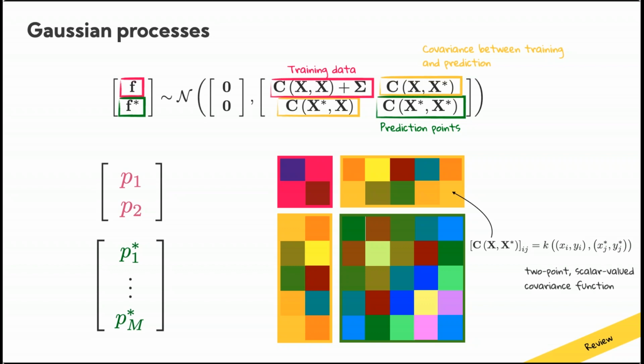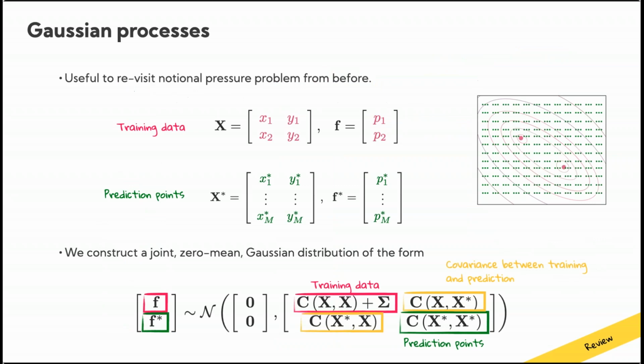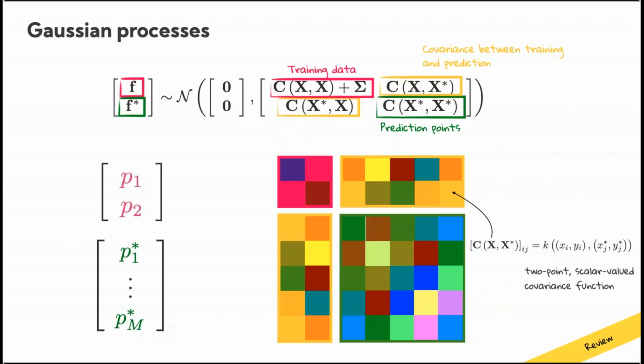Now, let's talk a bit about what exactly C(x,x) or C(x,x star) is. Just remember from before, we defined training data and a set of points at which we require the pressure values, so x and x star. Each element of the covariance matrix is effectively that scalar value from the kernel function we used before.